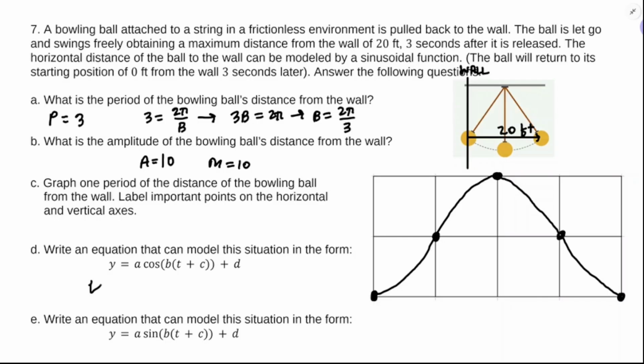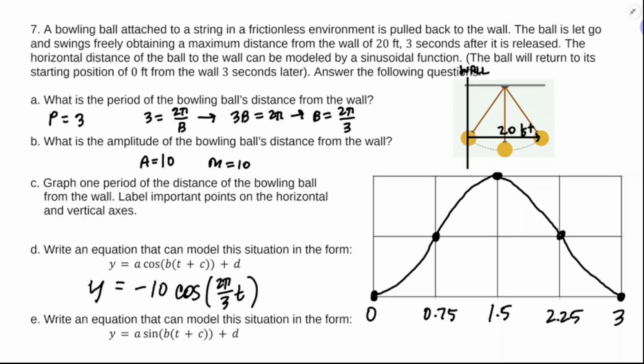So I'm going to just say, all right, y equals a is 10, but I'm going to make it a negative cosine of 2 pi over 3t. And I'm going to have a phase shift of 0 because I'm starting a negative cosine graph there at t equals 0. The period was 3, so that'll be 1.5, that'll be 0.75, and that'll be 2 1/4.